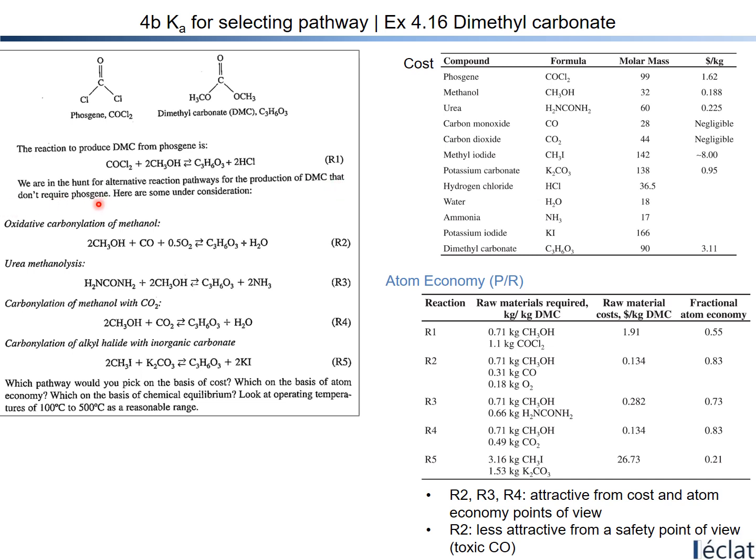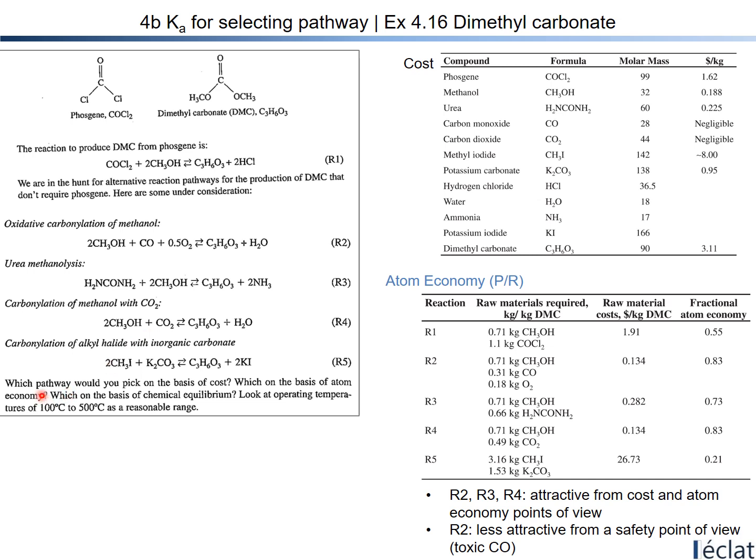We hate the phosgene because it is very toxic. Here are some under consideration. Then we have 4 different pathways: reaction 2, reaction 3, reaction 4, and reaction 5. In those 4 different reaction pathways, we don't need to use the phosgene.